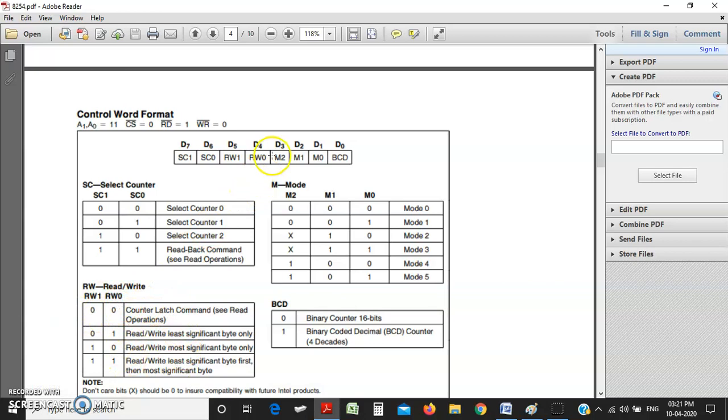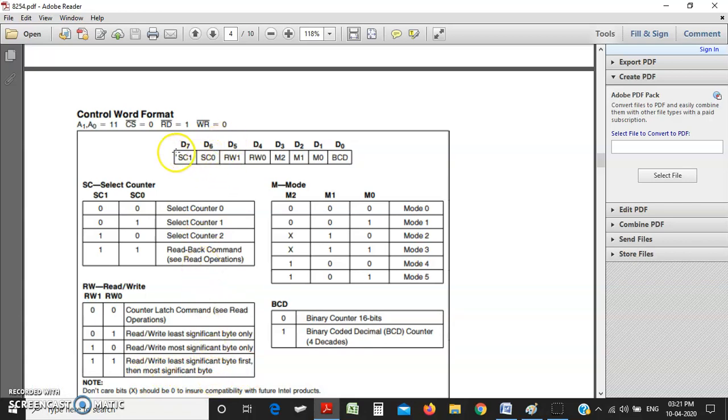According to pins D4 and D5, the read and write operation will be selected as: 00 counter latch command, 01 read write least significant byte only, 10 read write most significant byte only, and 11 read write least significant byte first and then most significant byte will be read or written.